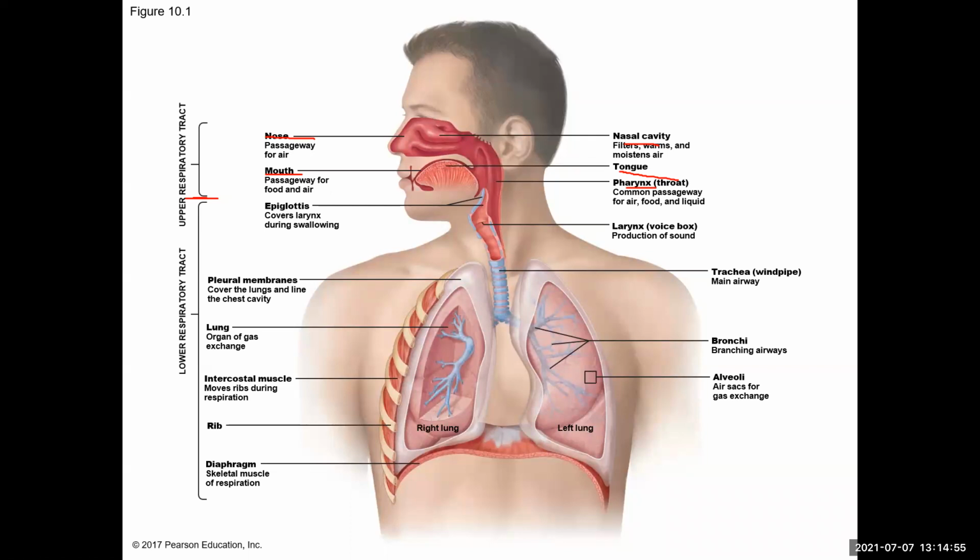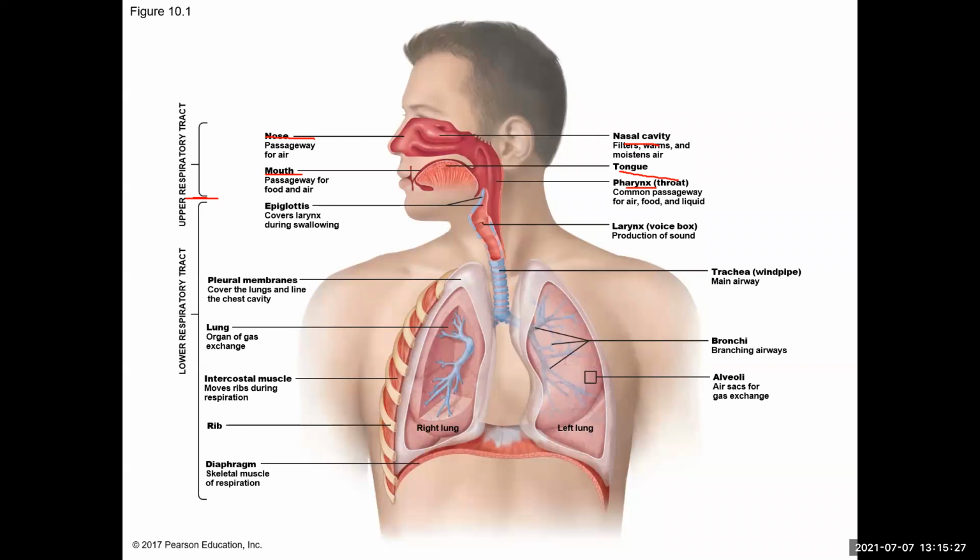The epiglottis is a little cartilaginous flap that covers the trachea whenever you swallow food or drink, and it prevents those substances from going into the respiratory system. So it prevents aspiration. You have your larynx located at the top of the trachea, which is part of the voice box, which is where sound production happens.